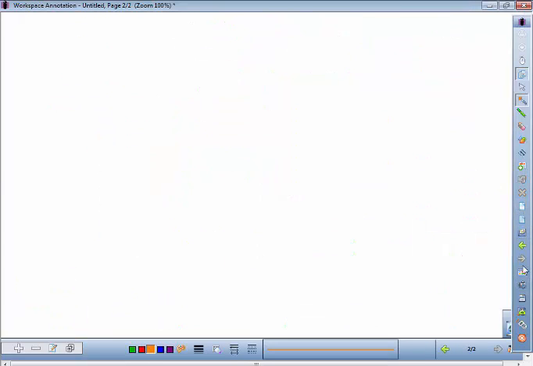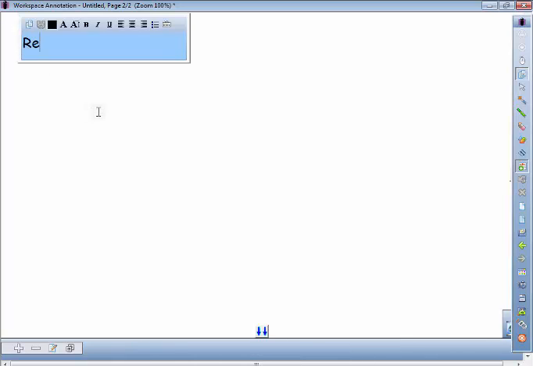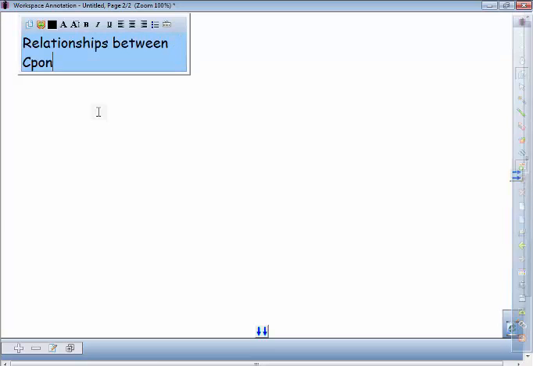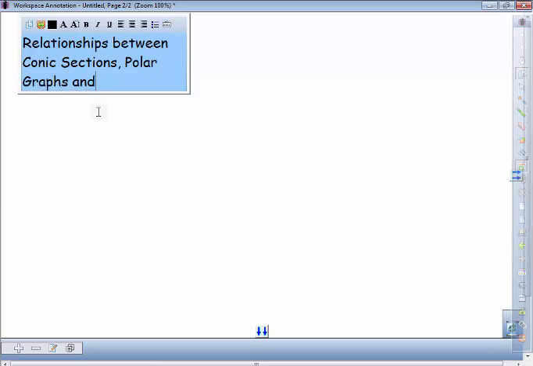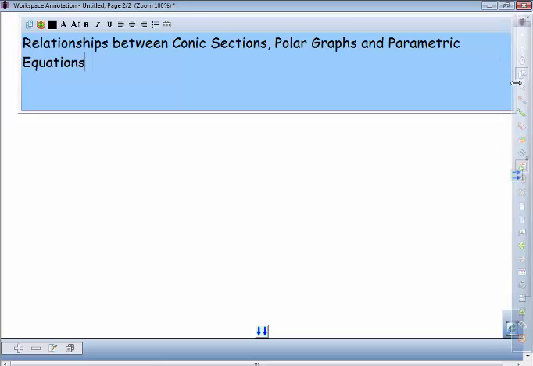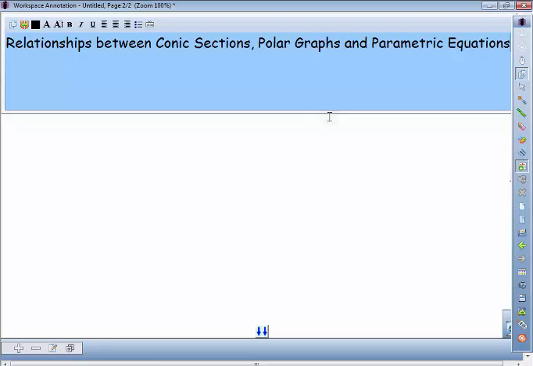So today, relationships between conic sections, polar graphs, and parametric equations. And so maybe we might be able to plot the path of the Earth around the sun.